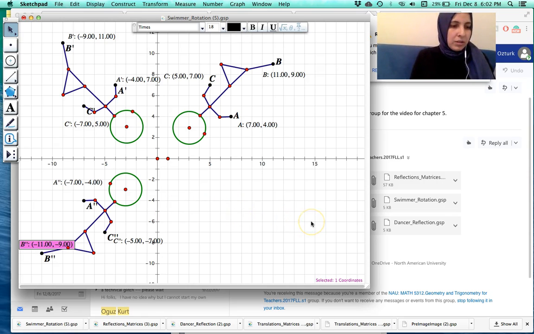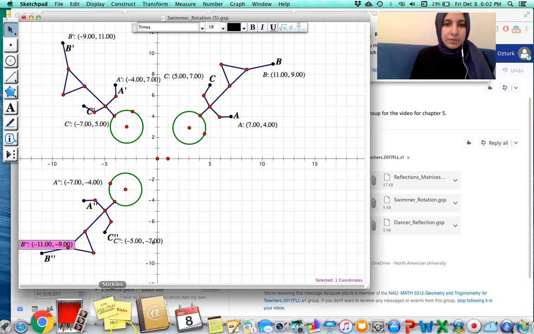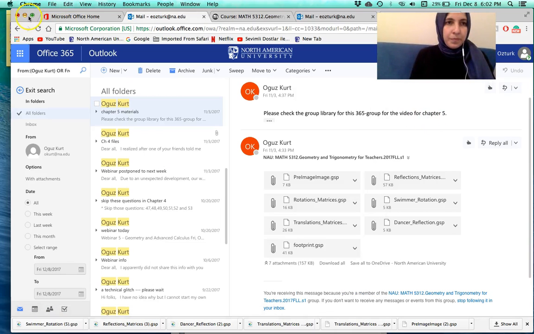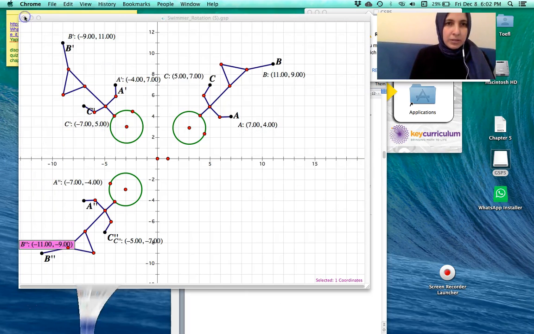Let's look at my answer for it. Also, I can say it. Look at the point A: 7, 4. All these are positive. 7, 4, and it changed the way. 4 goes to the x-axis with minus, and 7 goes to the y-axis as a positive.